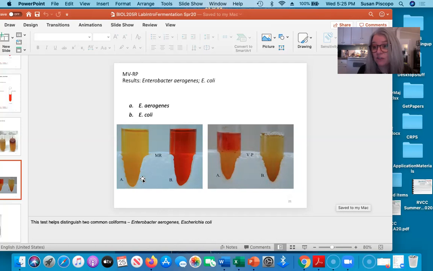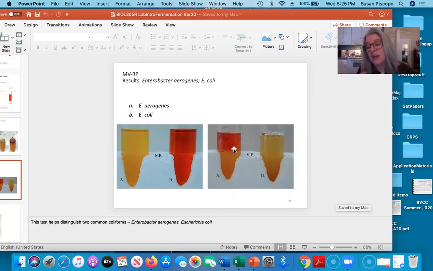It does not ferment glucose to produce an acid product. Sorry, I should have said that better. Now look at the A tube over on the right for the VP test. There's our red ring at the top. Now this ring is a brighter red than the one I showed you last time. Again, most of the time when you run a VP test, this red ring is going to be really dark.